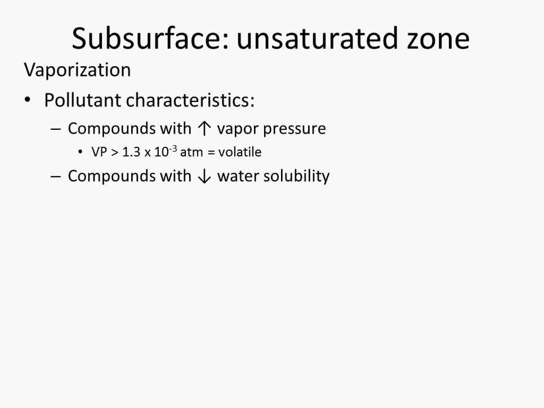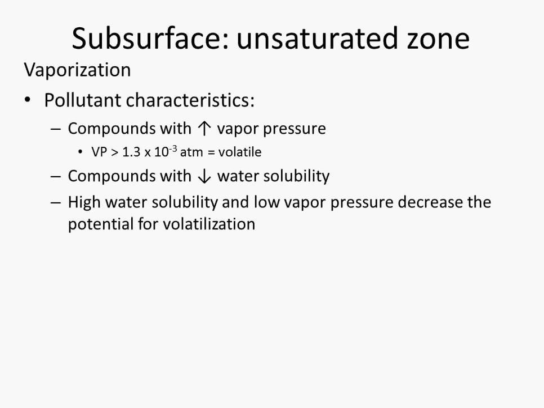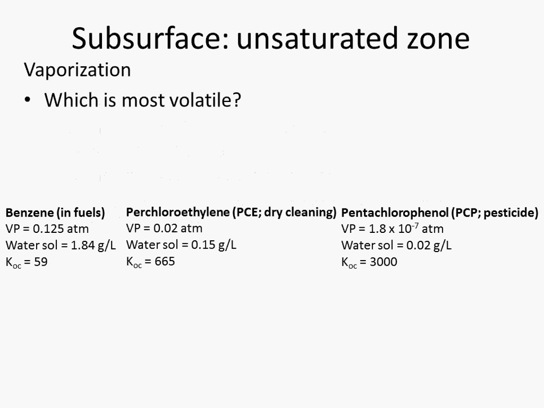In soils, you want something with a high vapor pressure but also a low water solubility to make it vaporize into the atmosphere. Something with a high water solubility and low vapor pressure is not going to have a very high probability of volatilizing from the soil.